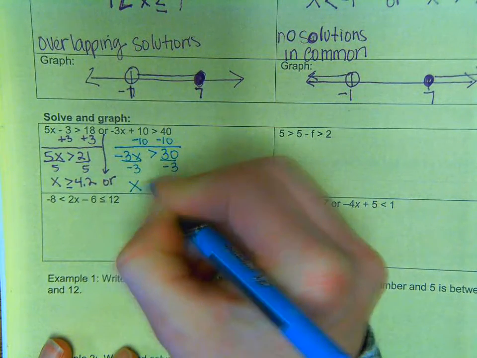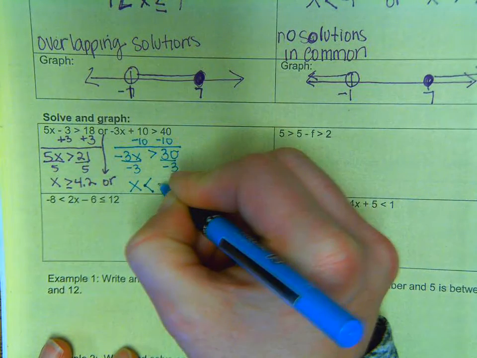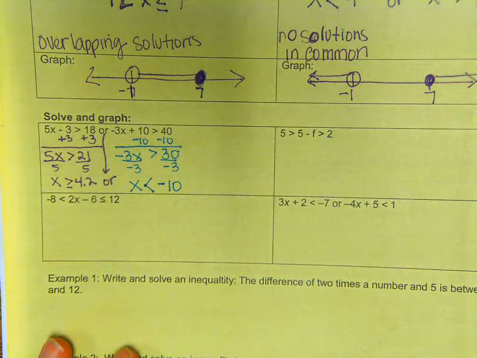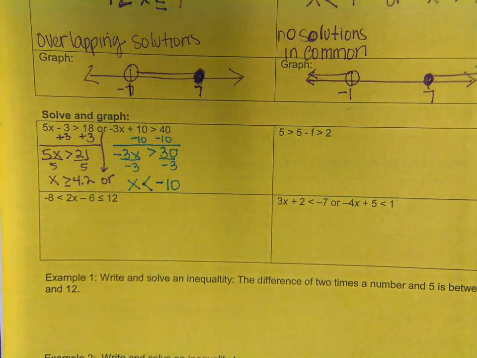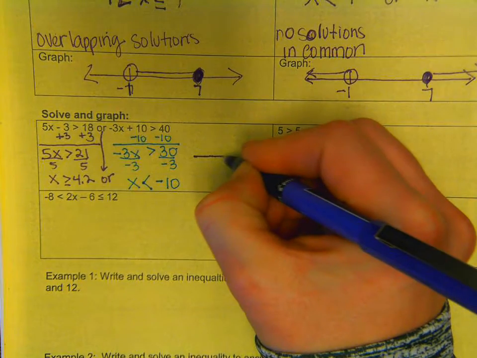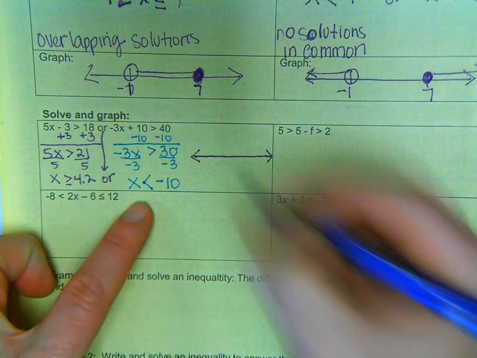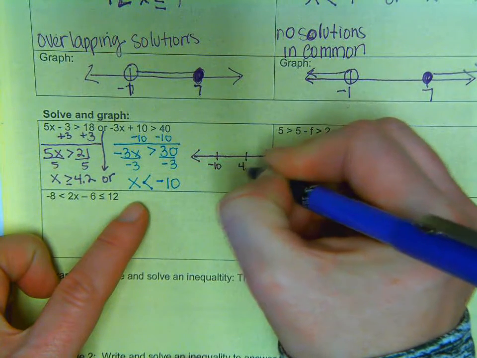So x is less than 30 divided by negative 3, which is negative 10. Okay, so let's draw a little graph of this then. Let's do it next to it. So we're going to put a negative 10 over here and a 4.2 over here.